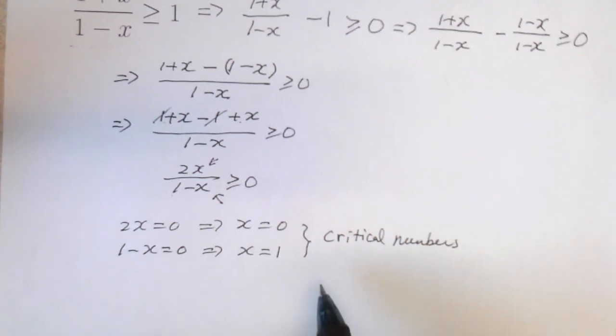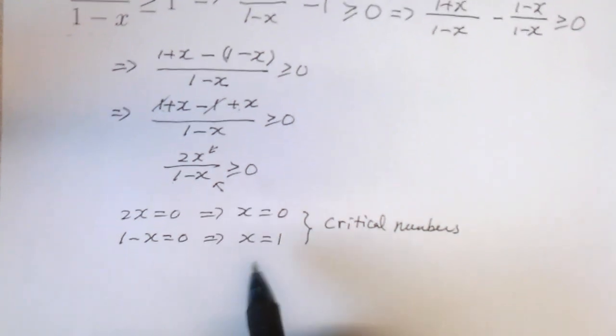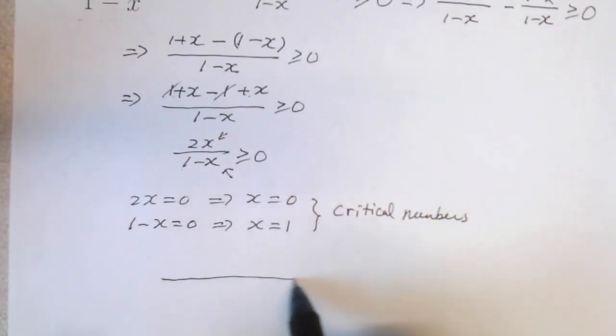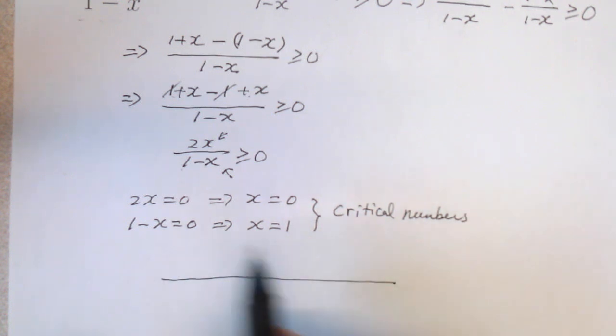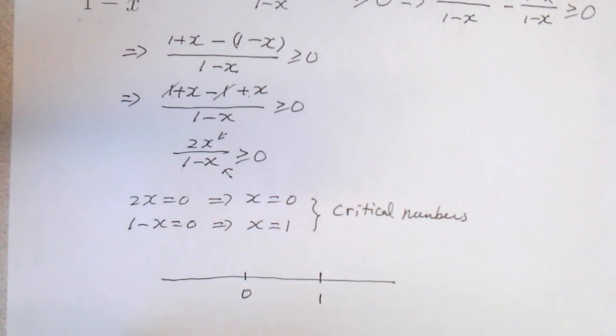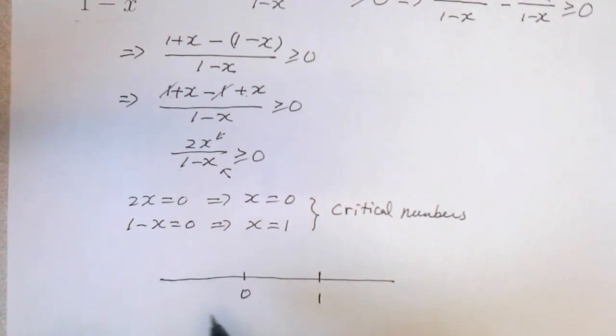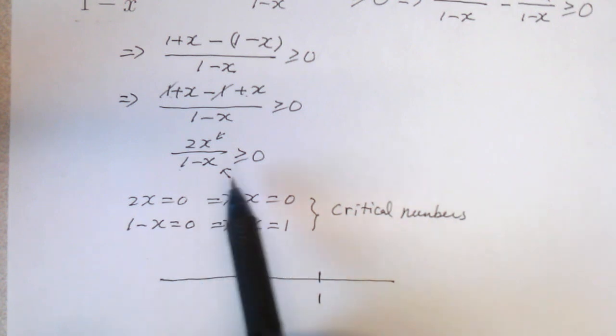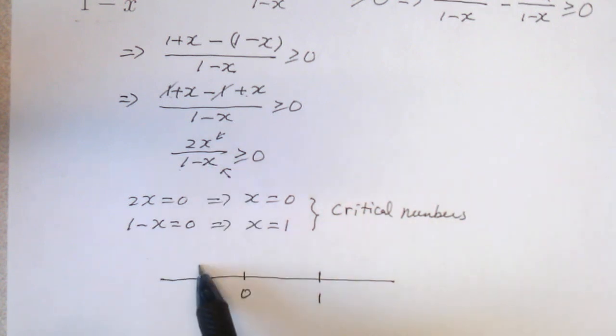Now what do we do next? We're going to use the critical numbers to divide the number line into intervals: x equal to 0, and x equal to 1. What we try to do here is to verify whether the expression is greater than 0 or less than 0 in each interval.